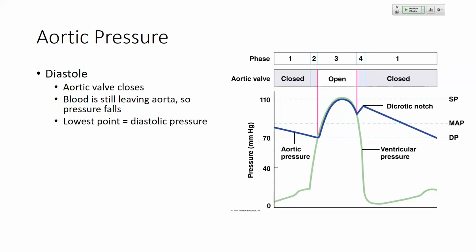And in terms of pointing this out on the graph, that's going to be this lowest point here. Okay, so the lowest pressure recorded in the aorta at the end of diastole is our diastolic pressure.